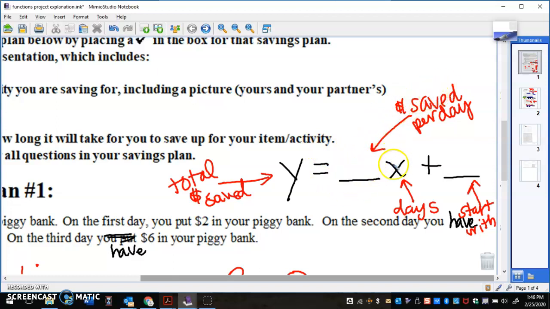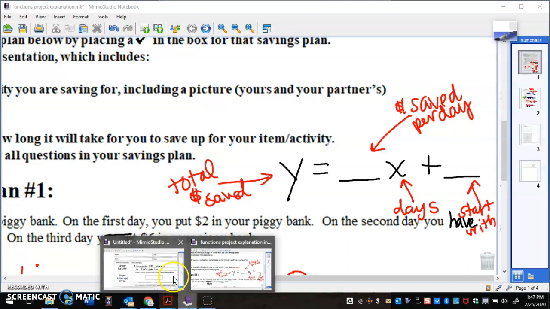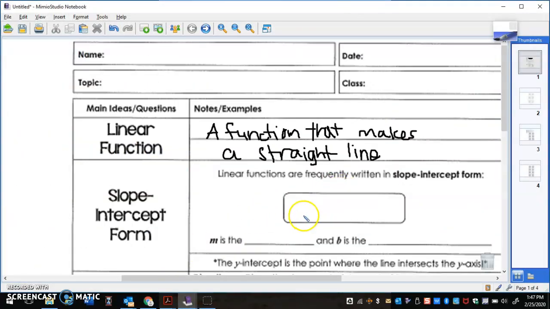This number in front of that we were multiplying by the x was the amount of money we saved per day. The x was the number of days, and then this plus something that we started with. So this is actually in a special form called the slope-intercept form. So we're going to use that form to graph equations similar to like we did in the savings project.